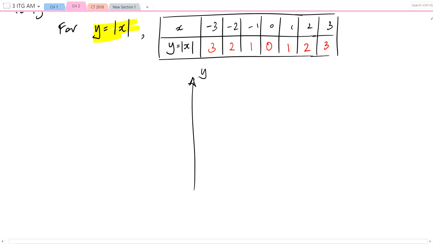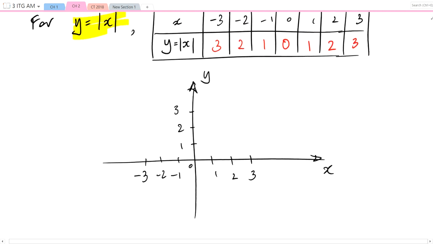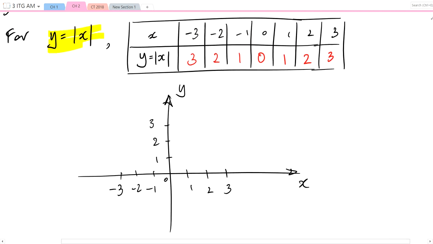So with our y-axis and our x-axis, 1, 2, and 3, negative 1, negative 2, and the last one, negative 3, this being the origin. Now we see that for positive values of x, these are the points that we have.